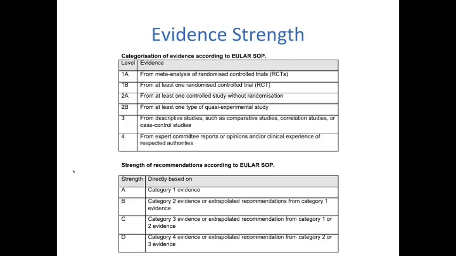Group 2 is at least 1 controlled trial without randomization, 3 is from descriptive studies, and 4 is expert consensus. And then we developed strength of recommendations based on this. So strength A is the strongest evidence and strength D the weakest. And this enables us to give some indication as to the strength of the evidence base behind each of our statements.